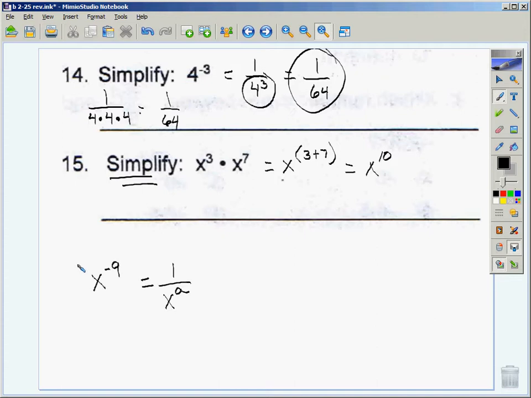If it was in the numerator, I write it in the denominator. If it was in the denominator, I write it in the numerator. Where is the only place we allow negative exponents? In what? Scientific notation. It's the only time it's considered acceptable.